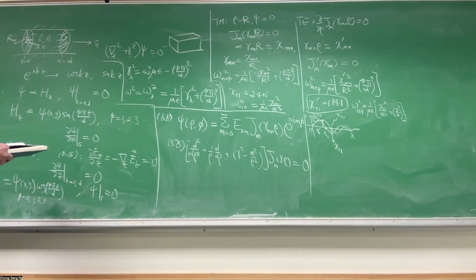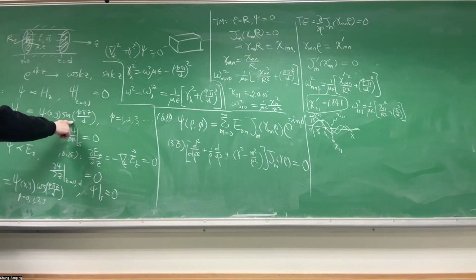So basically, you go back to 8.23 and 8.24. All the pieces depend on whether you have TE or TM. For TE, HZ has the sine term. For TM, EZ has the cosine term.